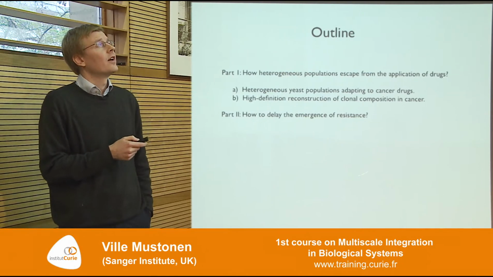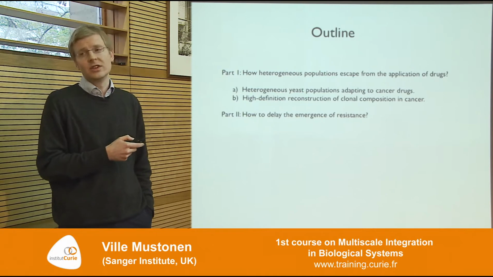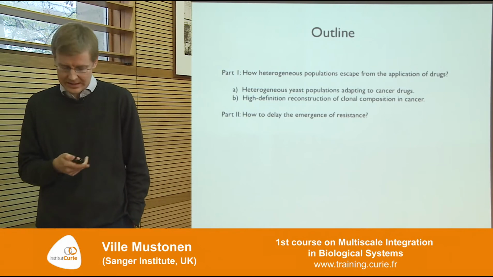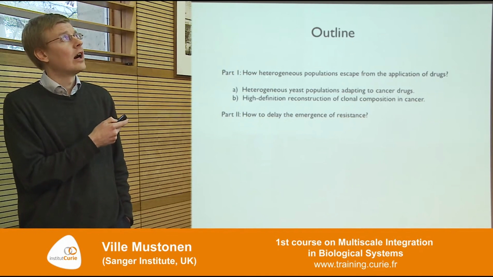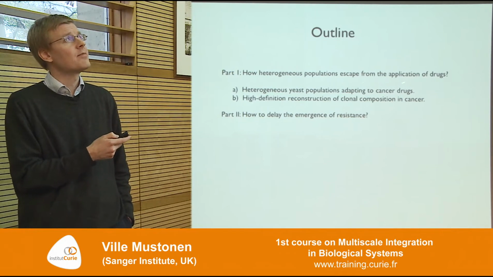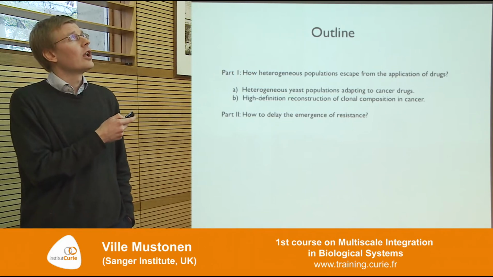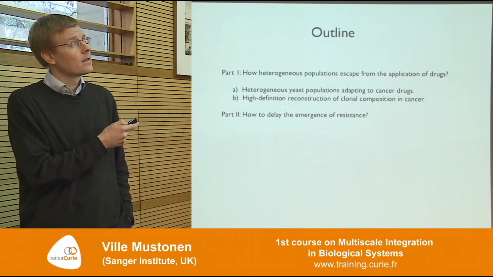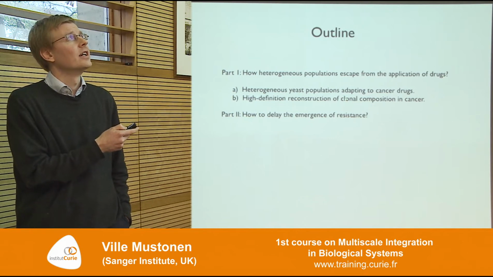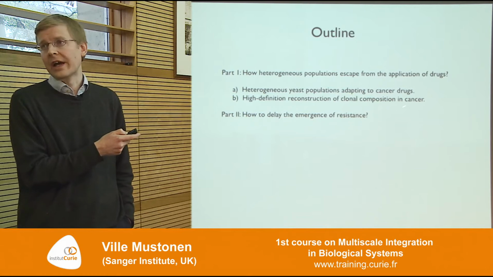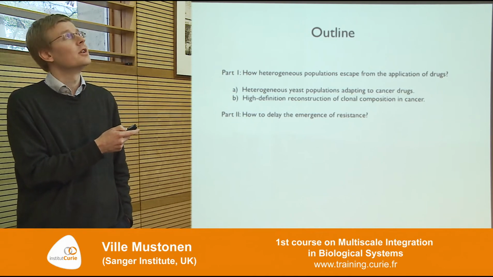So what I have for today is two different lines of research in this context. And the first one is essentially trying to look at how heterogeneous populations escape from the application of drugs. And with collaborators, we have here a yeast experimental evolution assay, which we have exposed to cancer drugs, and we see then what happens.